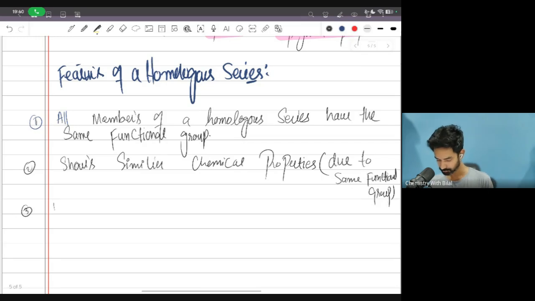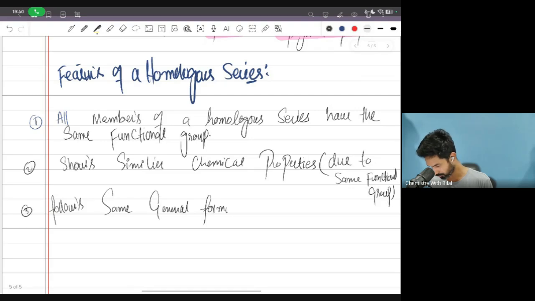All members of the homologous series follow the same general formula. एक फॉर्मूला होता है जिसमें एक मेंबर्स के सारे लोग उसी को फॉलो करेंगे, उसको हम कहते हैं जनरल फॉर्मूला. अभी हम वन बाय वन हर एक होमोलोगस सीरीज को डिस्कस करेंगे, सो यू विल गेट अ बेटर अंडरस्टैंडिंग कि व्हाट एग्जैक्टली द जनरल फॉर्मूला है.